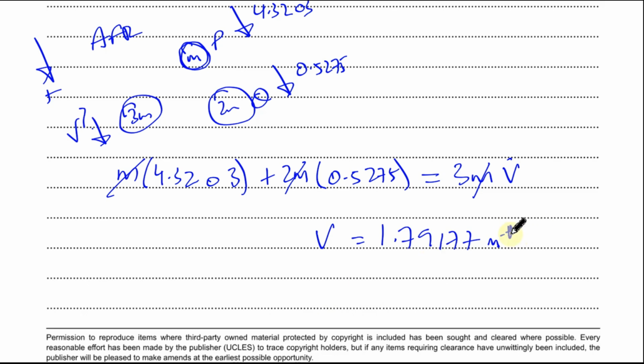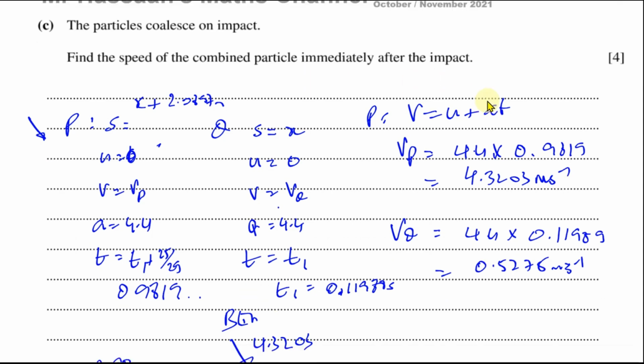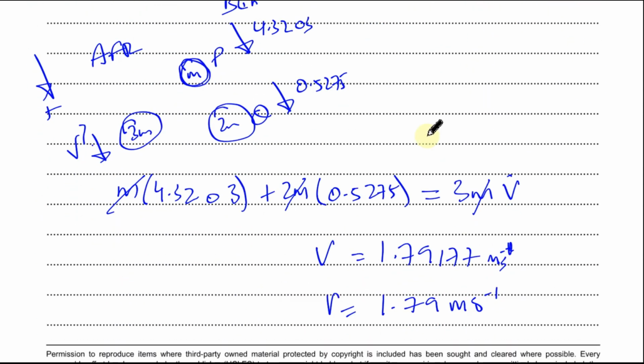So the velocity is equal to 1.79 meters per second. That is the speed of the particles after the impact. So the speed is 1.79 meters per second after the impact.